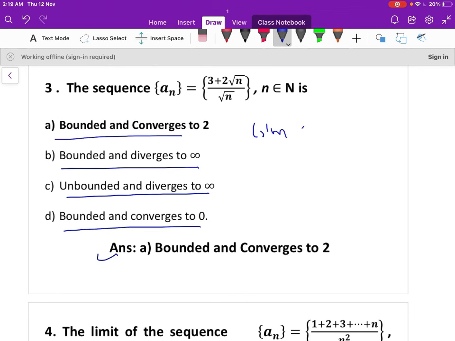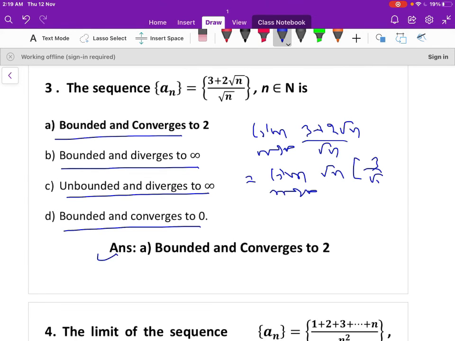Let us check the limit of the sequence (3 + 2√n)/√n as n tends to infinity. Let us take root n outside: the limit as n tends to infinity of 3/√n + 2, where root n gets cancelled.